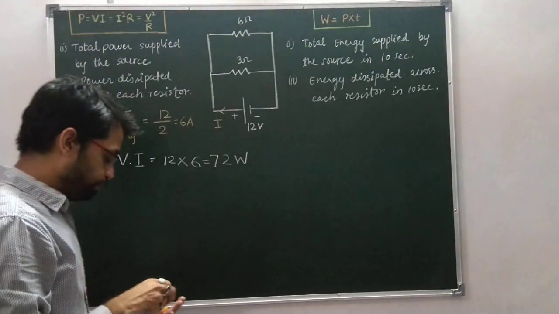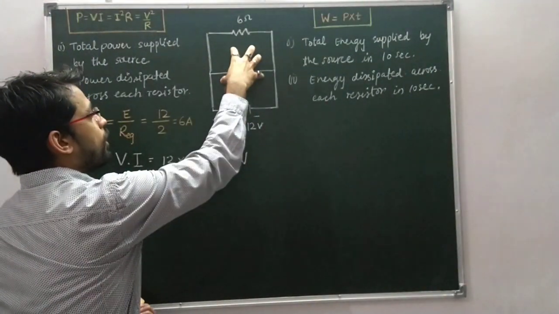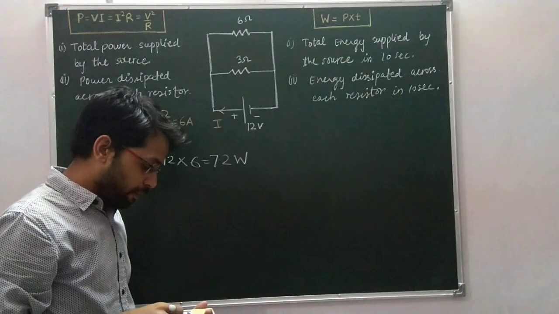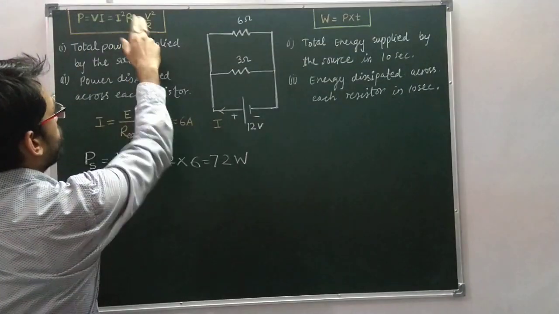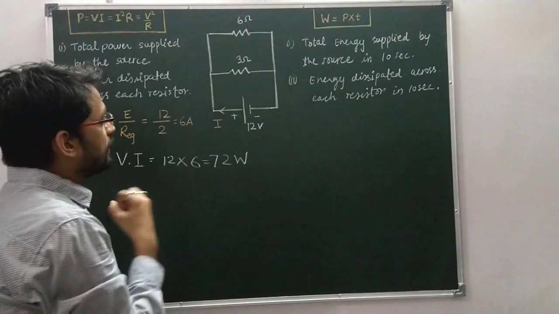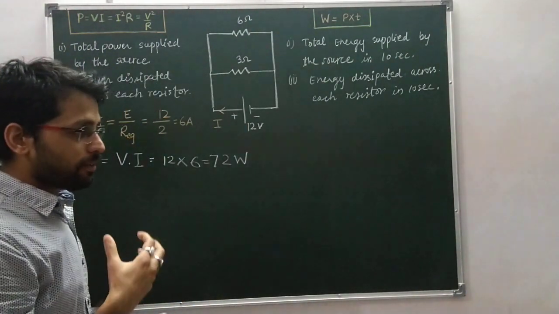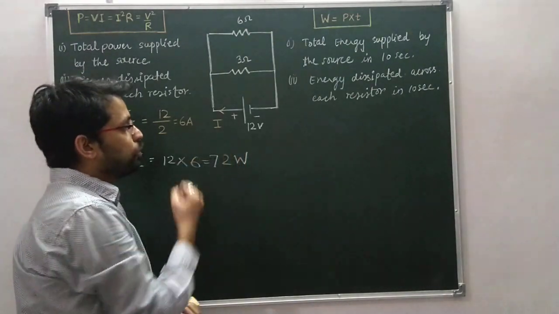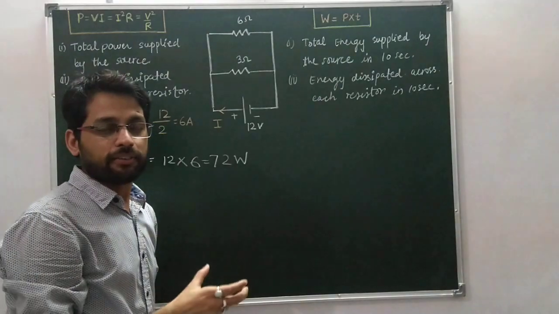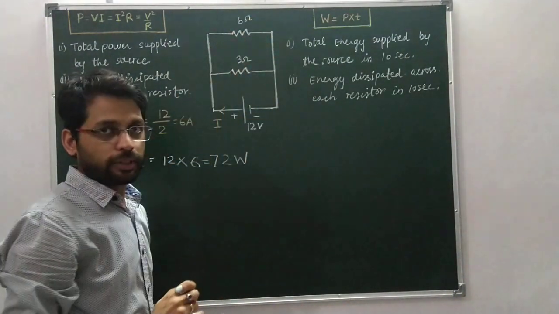Now how can we calculate the power dissipated across the resistors? We can use any formula, but for convenience we apply one rule, that in a parallel circuit the potential difference remains the same.